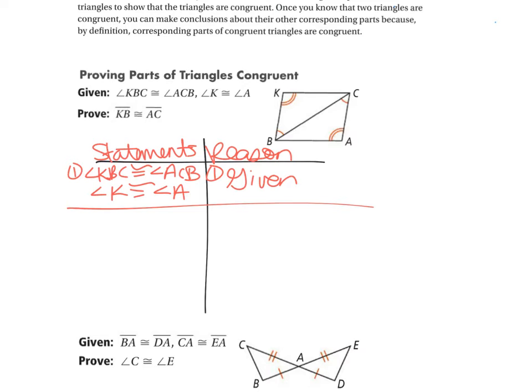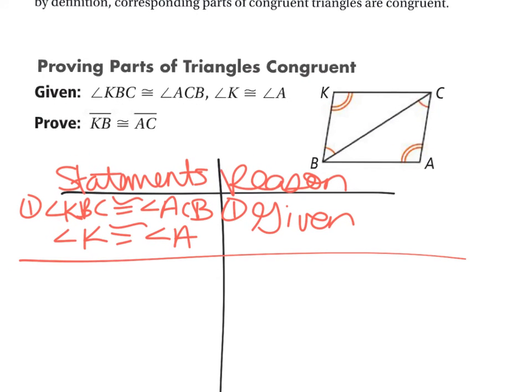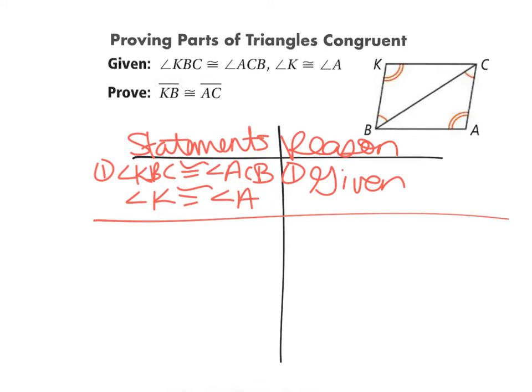Okay, first we have to prove that the triangles are congruent. How would you go about this? They gave us two angles. We definitely need some sides in there, at least one. So to me, I see the reflexive property, or to use the reflexive property on that diagonal side.